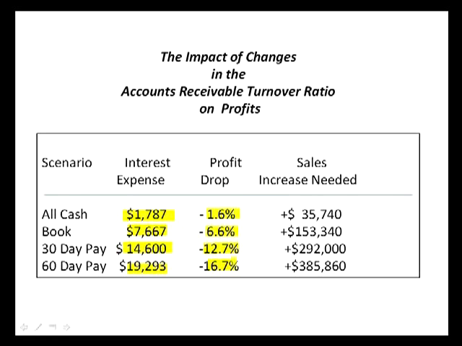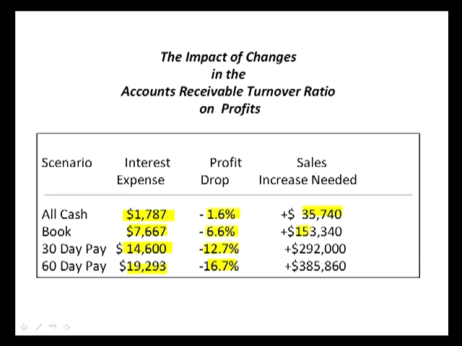They're rather significant. If we make the assumption that the firm, like most companies, operates on a profit of 5% of sales, you can see in the last column the impact on profits. And what you see is what kind of sales increase is needed to compensate for this interest payment. In the all-cash example, sales would have to go up by $35,740. With our base case scenario, it goes up more than 5 times.